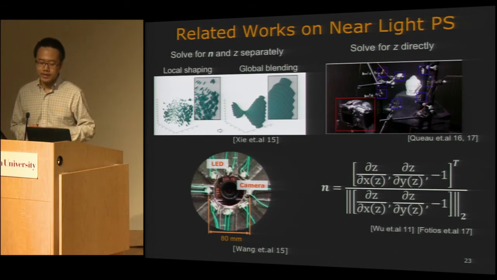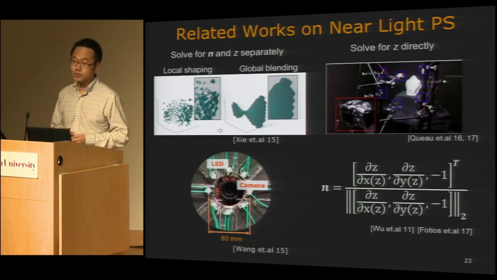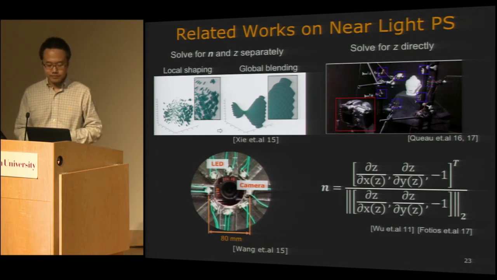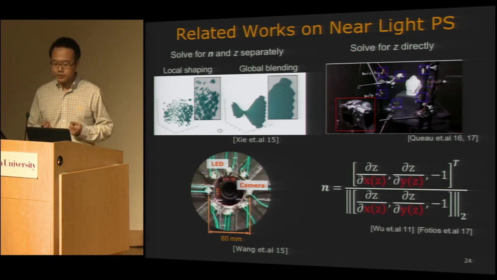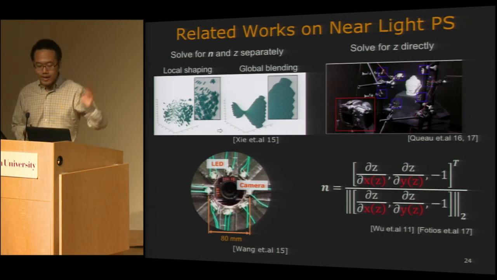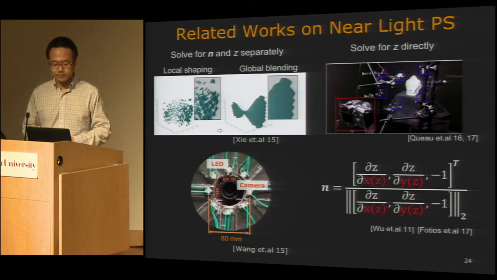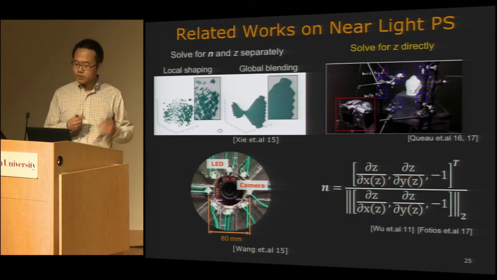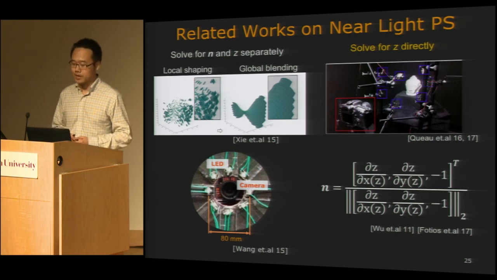More specifically, it can be represented as the normalized first-order partial derivative of the depth. However, for the projective camera model, the relation is non-trivial since both the x and y coordinates of the scene point depend on the depths themselves. So in this work, we are going to solve for the depths directly using near light photometric stereo.